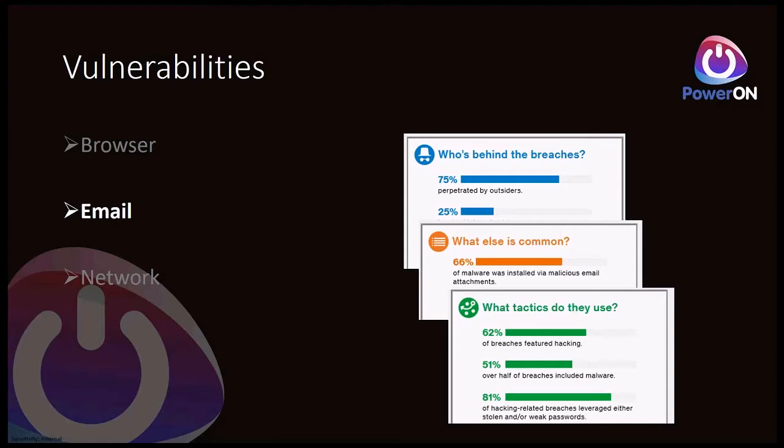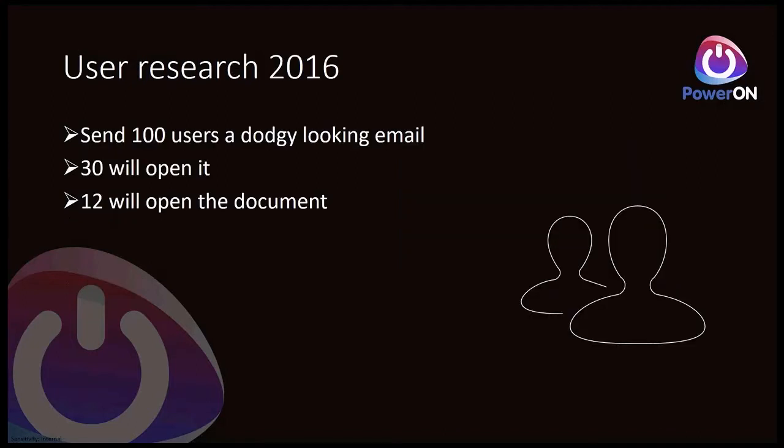Again, going back to the Data Breach Investigations Report, but last year's. One thing that was found, and I'm sure you've heard these figures, is that of 700 users sent a dodgy-looking email, 30 will open it and 12 will open the payload.